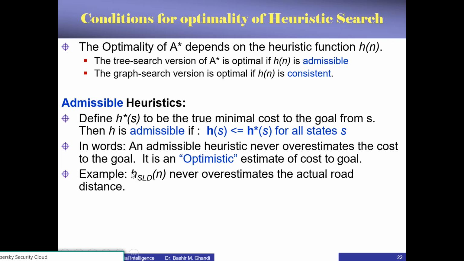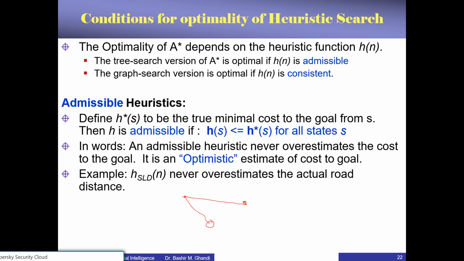And clearly, the straight line distance is admissible. Because as we know from the algorithm course, if you have two points, then the direct distance between these two points is going to be shorter than going through a third point.